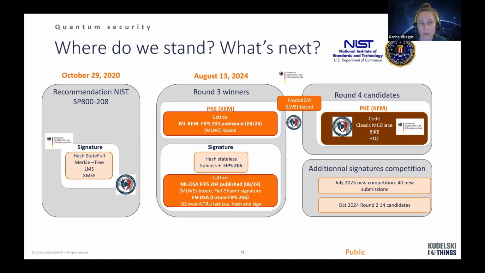So if we consider the specific use case of firmware authentication or software signature, we have available hash-based stateful signatures. This kind of algorithm is relevant for specific use cases, but it has some drawbacks related to the key management side.